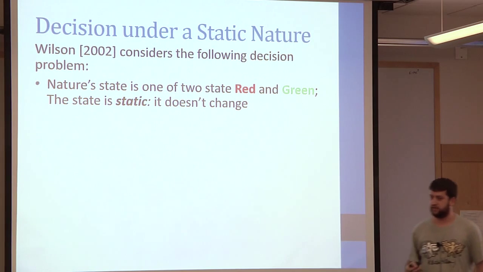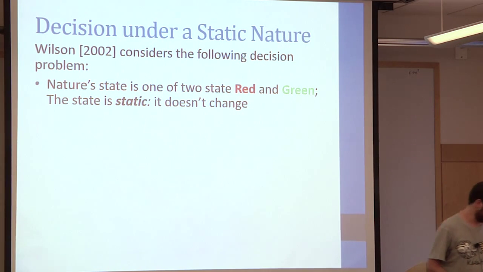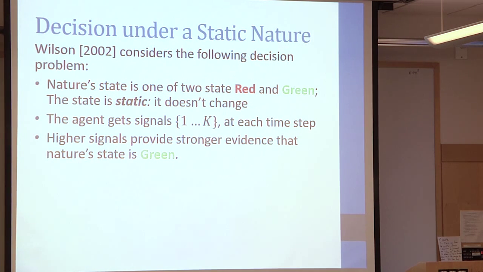Okay, where she studied the following decision problem. Nature is in one of two states, and the agent needs to decide which state it is. It's either red or green, and it never changes. The agent gets signals about the state, one of k signals, and the first signal provides stronger evidence for the state being green, and the k-th signal provides higher evidence that it's red.